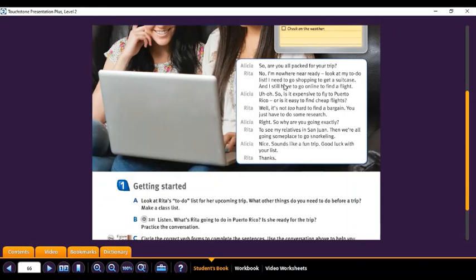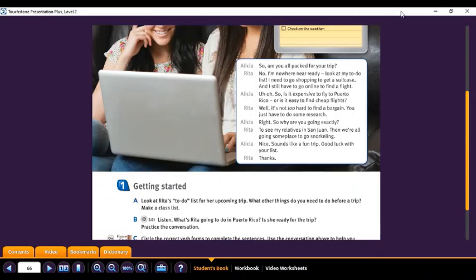Maybe she's not ready because she doesn't know if it is convenient to travel to Puerto Rico, because she says that it's expensive to fly to Puerto Rico, or it's easy to find. Rita says that it's not too hard to find a bargain, but she needs to do research before. But maybe she's not sure to travel to Puerto Rico. Yeah, maybe. Okay, what else?